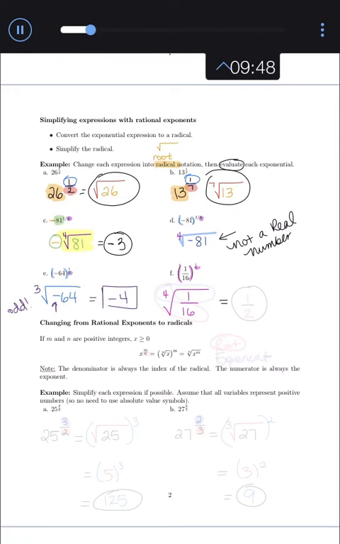So we've kind of done this already. So what multiplied by itself 4 times is going to give us the 1 on top? Well, that's just a 1. And on the bottom, what multiplied by itself 4 times will give us the 16? That's a 2. So that gives us the fraction 1/2.